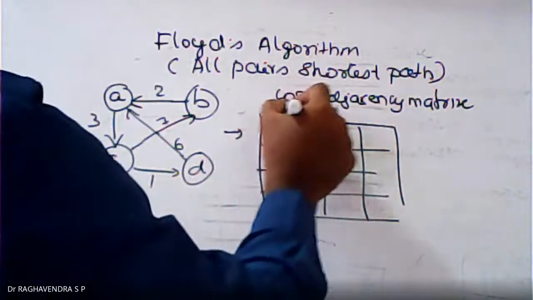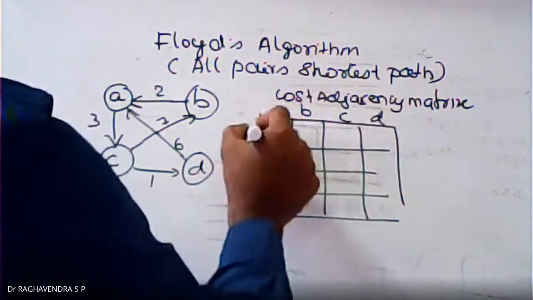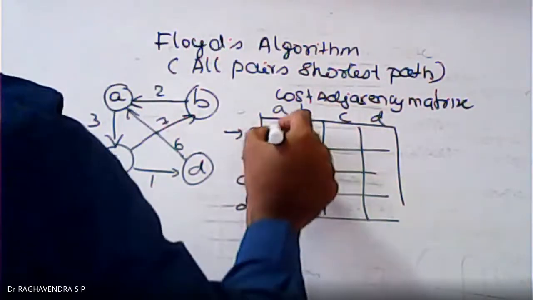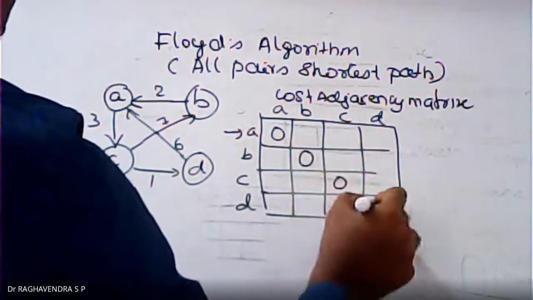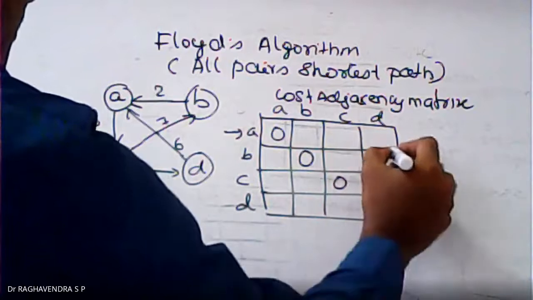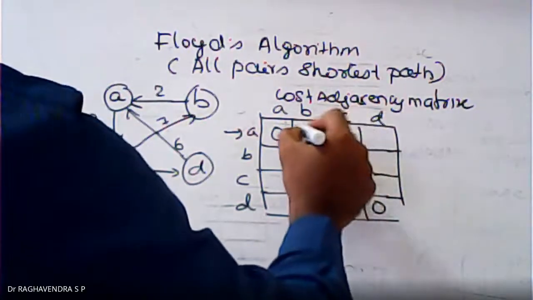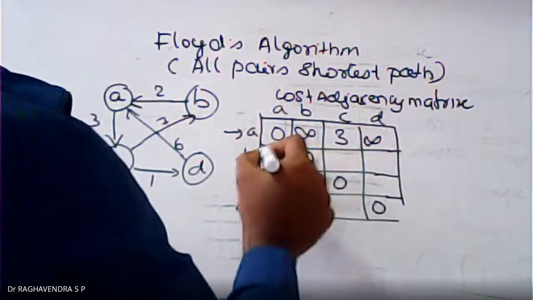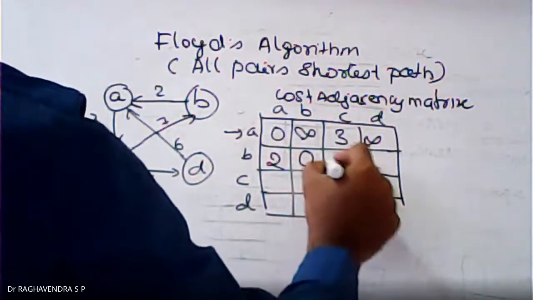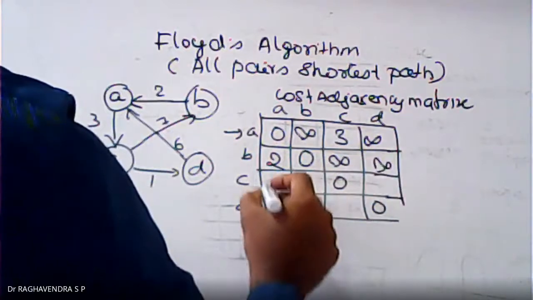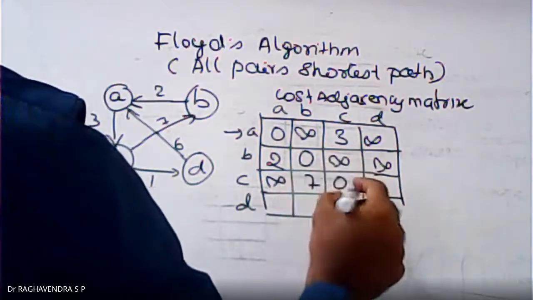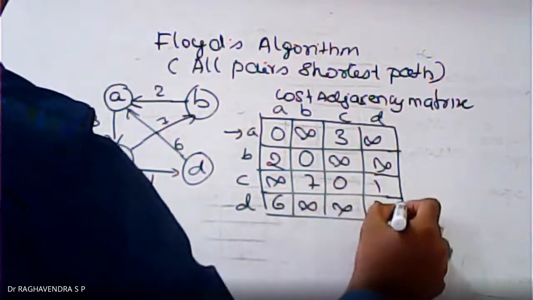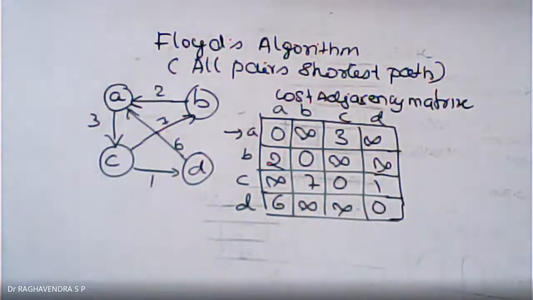So we have A, B, C, D. Of course, the principal diagonal is always 0. So this is infinity, this is 3, infinity, 2, 0, infinity, infinity, and infinity, 7, 0, 1, 6, double infinity, 0. So this is the thing.